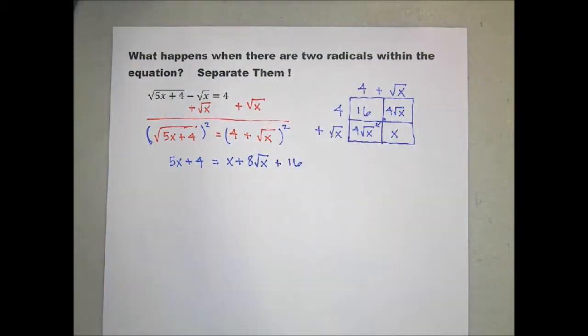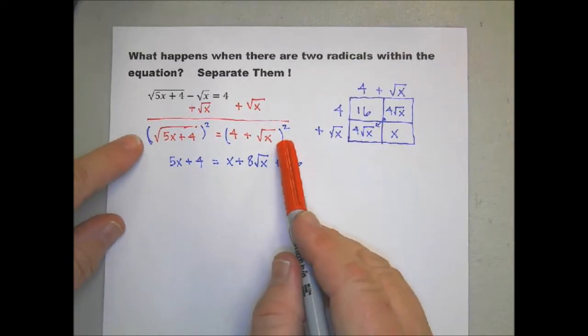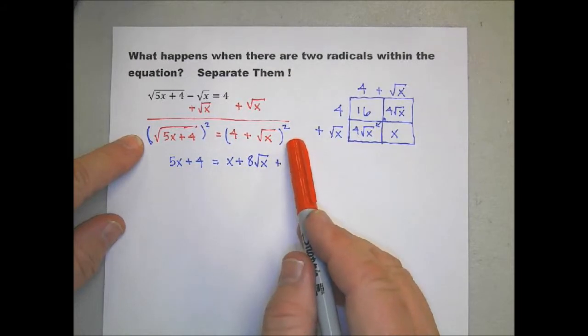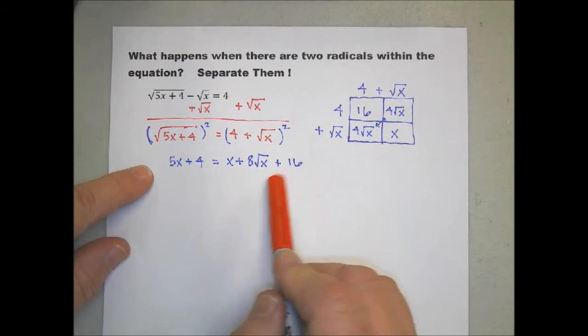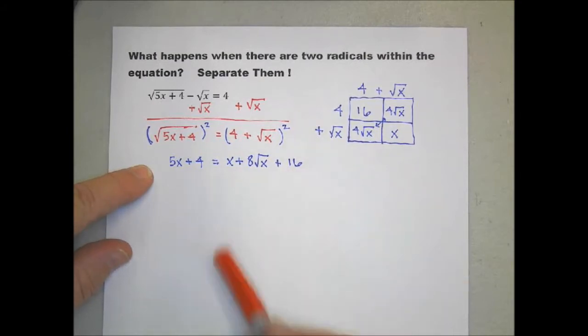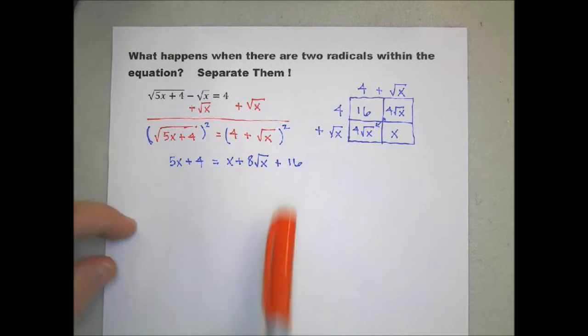Now, I took an equation that had two square roots in it, one on each side, and I wasn't able to get rid of both of them. I was only able to get rid of one of them. So now I have to do the same thing again. I need to isolate this 8 square root x.